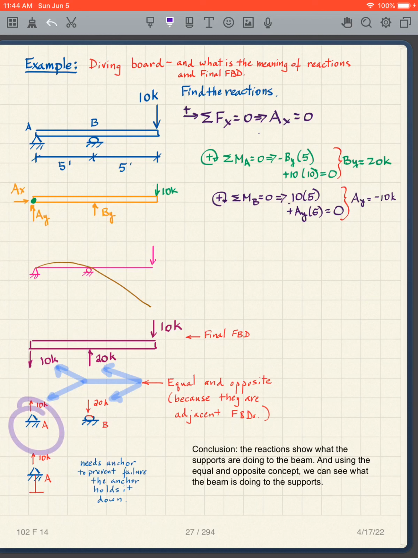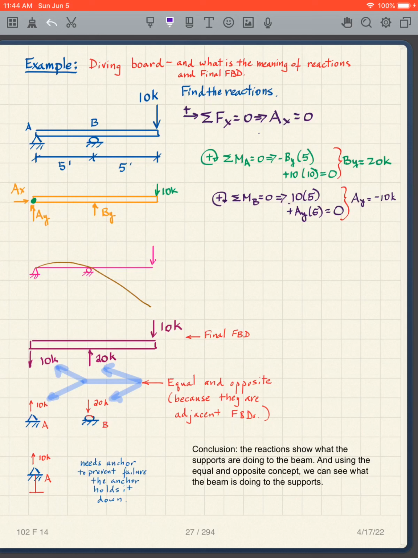This is not a complete free body diagram, but when we draw adjacent free body diagrams, at a point I have to have equal and opposite forces. The hinge is pulling this down, and we show that in that free body diagram. If we were going to draw a free body diagram of the hinge, then I have to show that the diving board is pulling up by an equal amount. They're both 10 kips. To emphasize, this is up, this is down, and they have to be equal.